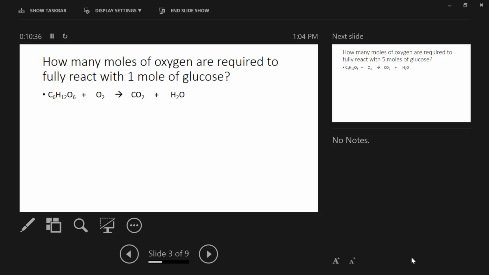So those will cancel out, and the only units we'll be left with are moles of O2. And what's 1 times 6? 6. What's 6 divided by 1? 6. Okay? So this one ended up working out pretty easily because we were just doing 1 mole of glucose. We'll do more than 1 mole of glucose in our next problem. Okay.